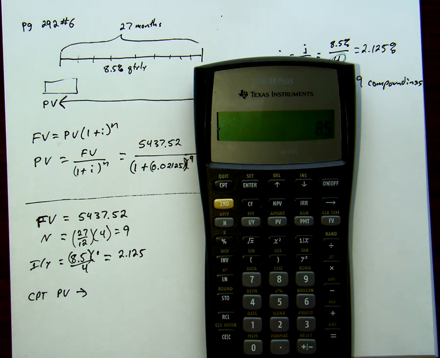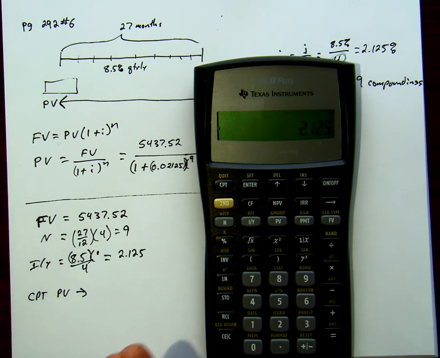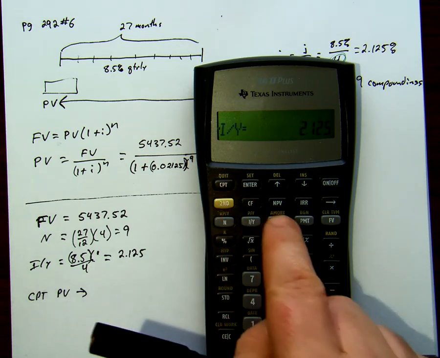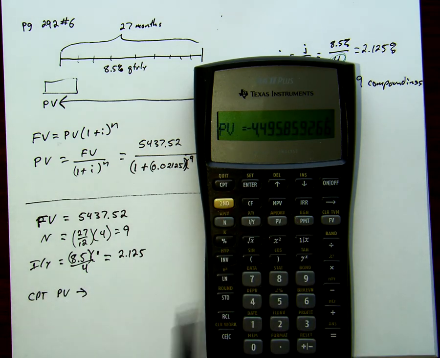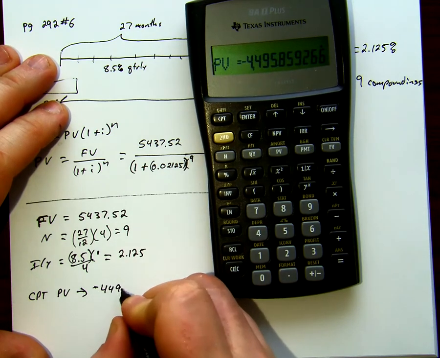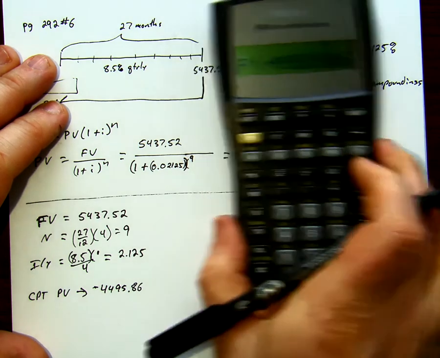And 8.5, again I put percentages in the calculator, divided by 4, 2.125%. We're going to compute the present value to be, it's going to say it's negative 4495.86.